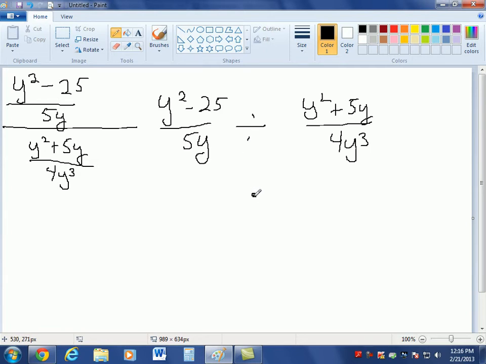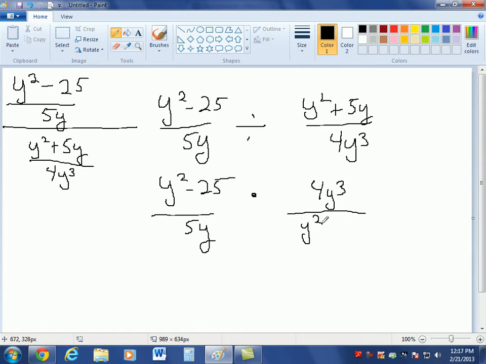Change it to multiplication. So I've got y squared minus 25 over 5y times what? 4y cubed. We've got to invert the second fraction, or get the reciprocal of the second expression. It's the same thing we've done every other time.